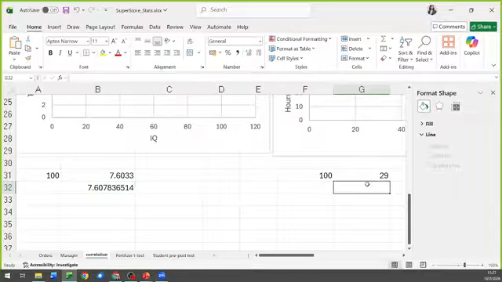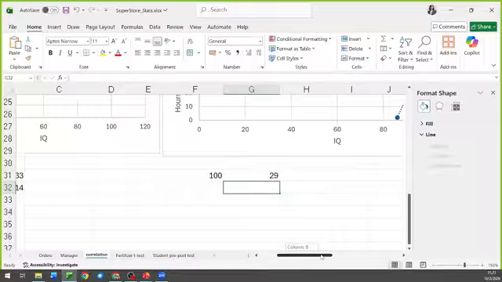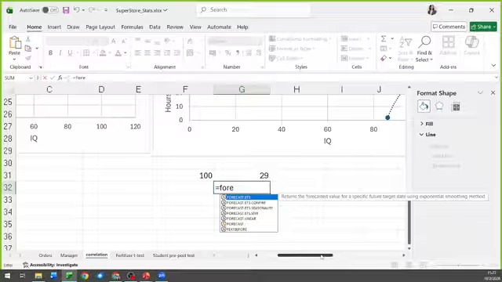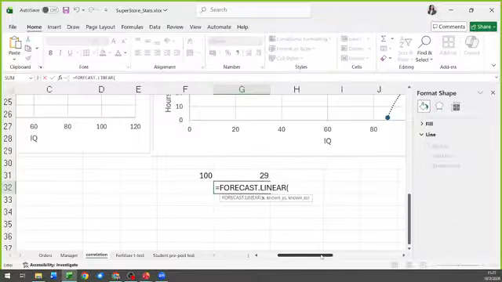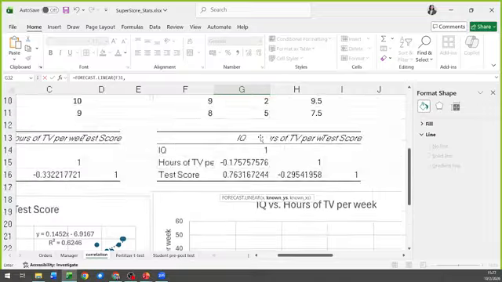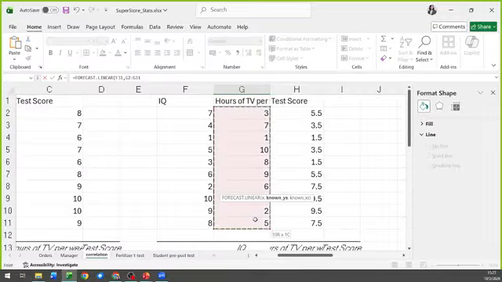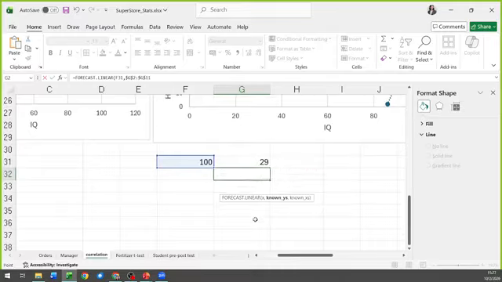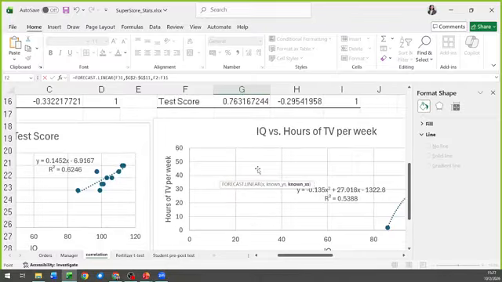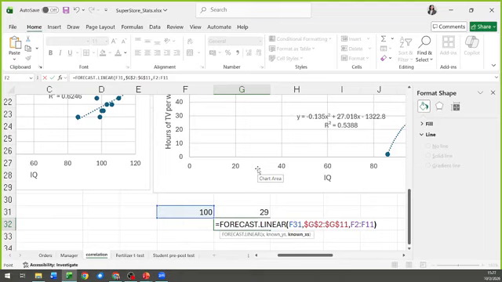Okay, same. Let's see the result for this FORECAST.LINEAR. If my X is 100, my known Y is all of the TV per week, my known X is IQ, right? IQ.